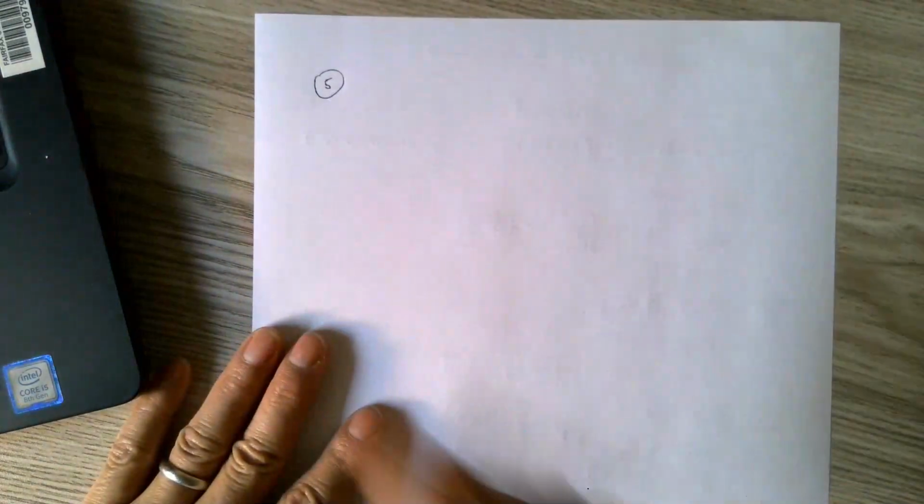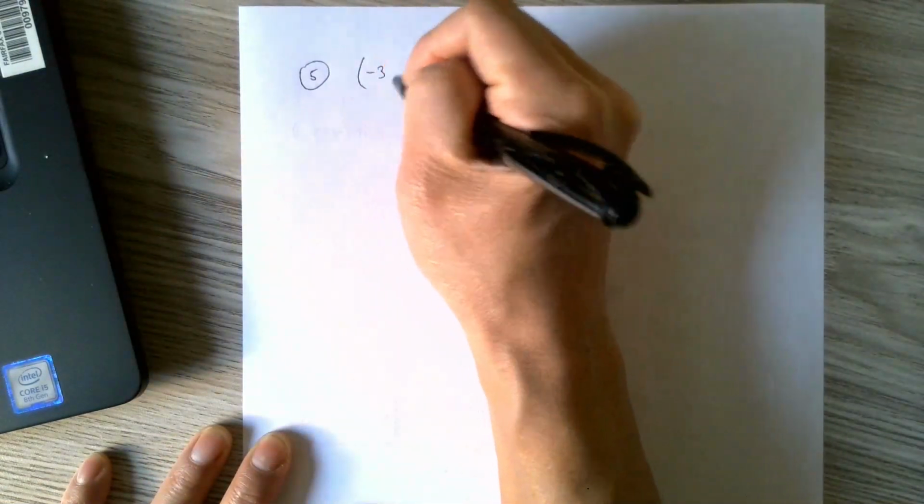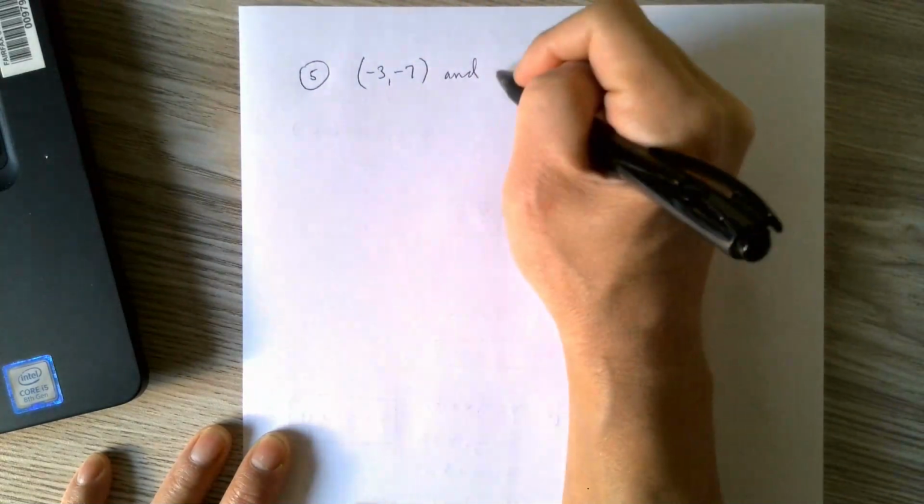Okay, in example 5, this time I'm going to be even more stringent and give you even more limited information. This time, I'm not even going to give you the slope of the line, which you may think is totally unfair. No, it's not totally unfair, because I am going to give you 2 points on the line.